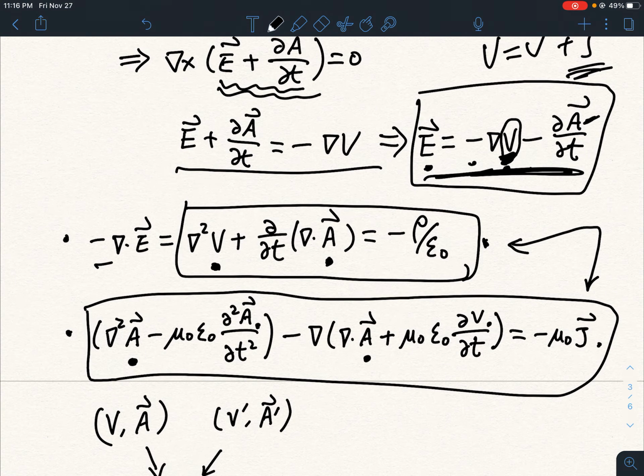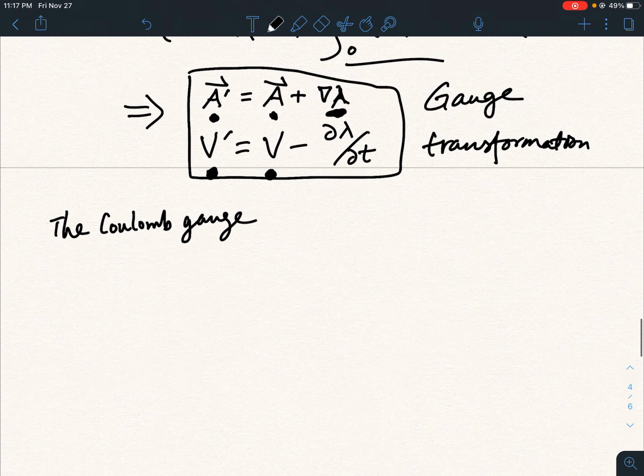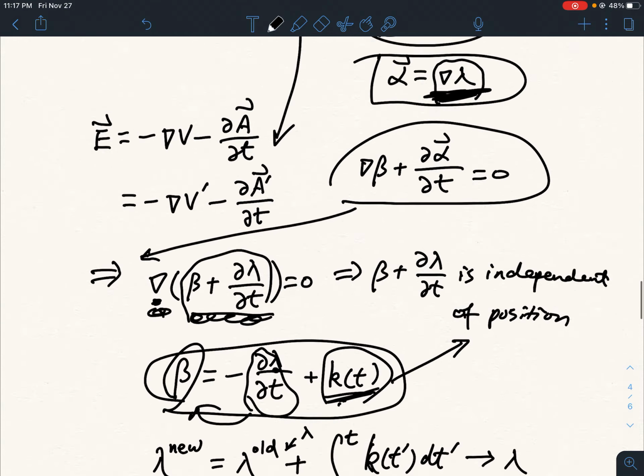Remember the equations, as I said, this really becomes the new Maxwell's equations, now just written with this A and V. However, this whole equation becomes very complicated. But we have the freedom to choose this A and also choose the V. So for this Coulomb gauge, we choose del dot A equals 0. If we choose that, the first equation is very simple.